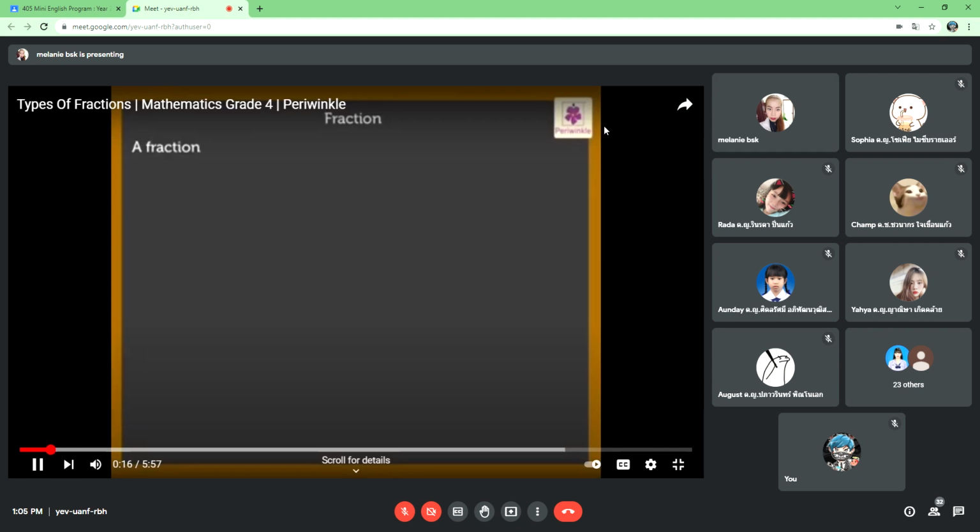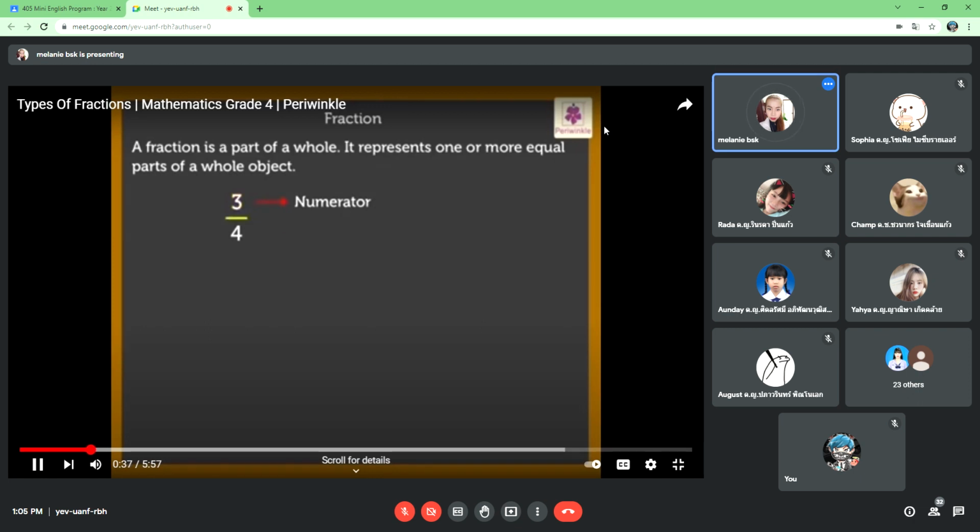A fraction is a part of a whole. It represents one or more equal parts of a whole object. Look at the fraction 3/4. The number above the line is the numerator. It indicates the number of equal parts considered. The line is called the fraction bar or division bar.